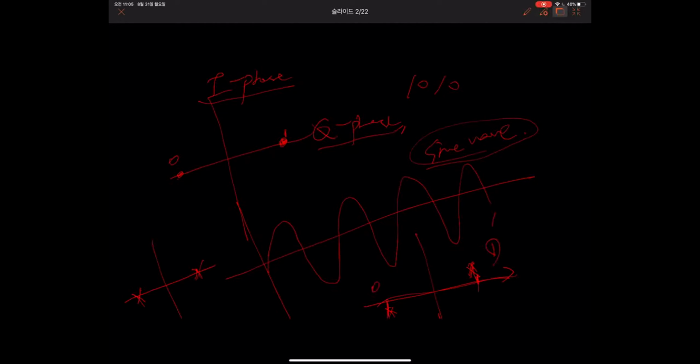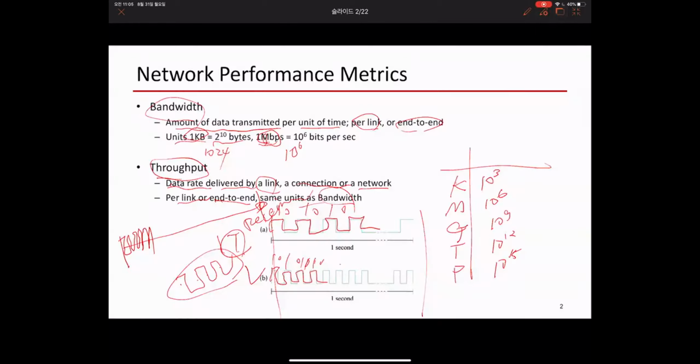Therefore, I can understand that 1 0 1 0 is delivered. What I just explained to you uses only this phase or this phase. This is BPSK, binary phase shift keying. So I'm using only 1 or 0.